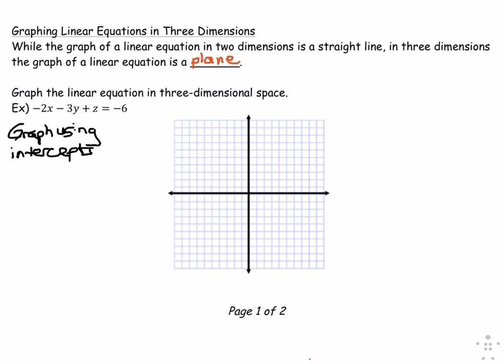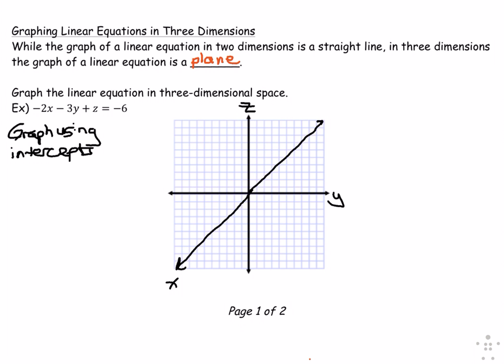So we have an x, a y, and a z-intercept because we have the 3 axes. I could switch up my axes, but I'll be consistent. I'll let this one be x, this one y, this one z. Go however you would like.